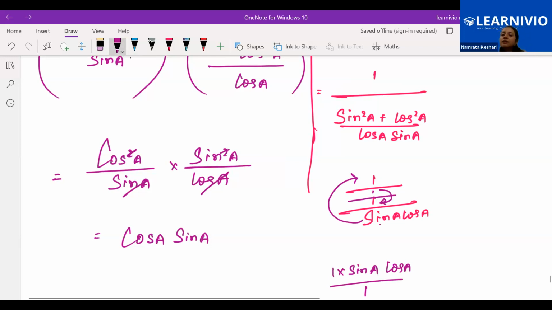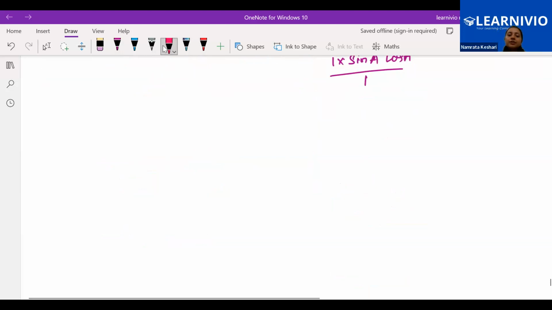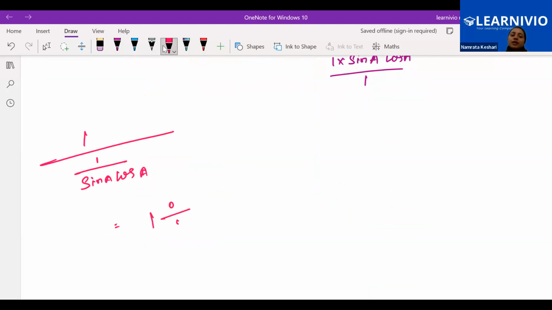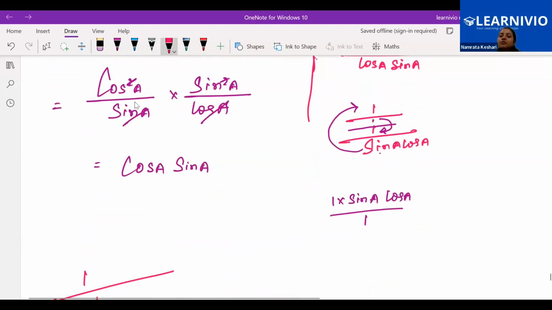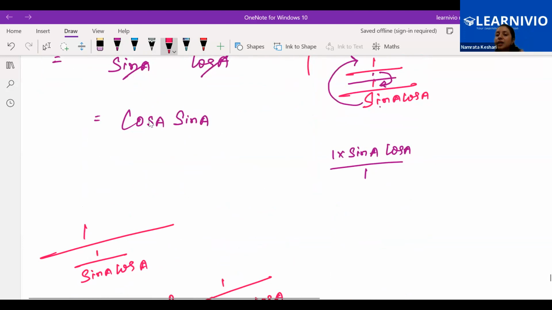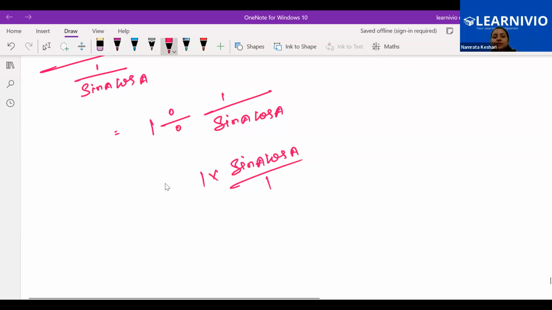Otherwise, when we are having 1 by sin A cos A, we can also do 1 divided by 1 by sin A cos A. That means 1 multiplied with sin A cos A. So this is what we are also getting, sin A cos A, from here. Hence we are done. Any confusion?